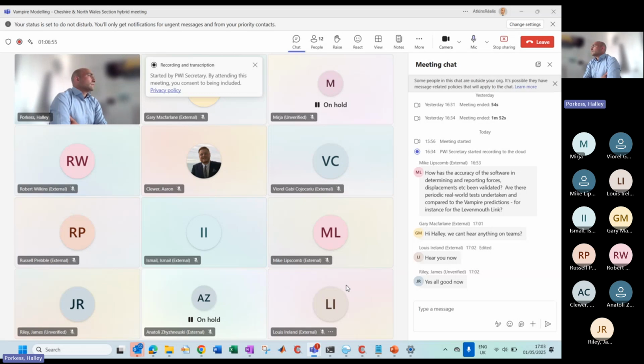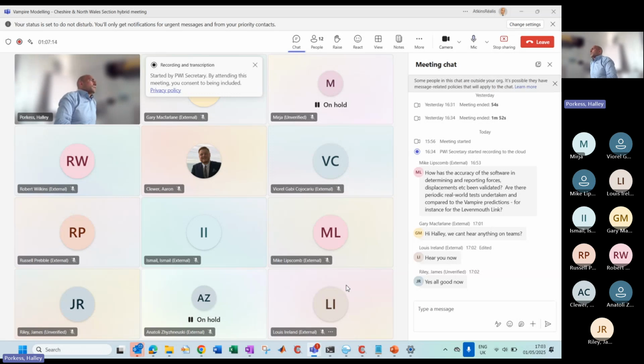I'll ask one. I was just interested to know what sort of clients you have within the team for Vampire modelling. Is it mainly Network Rail projects? Yes, we've got a whole host of clients. So we've got vehicle manufacturers.